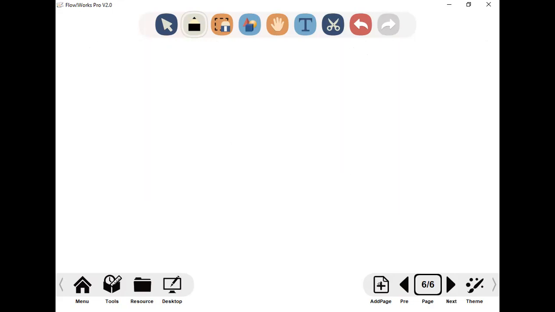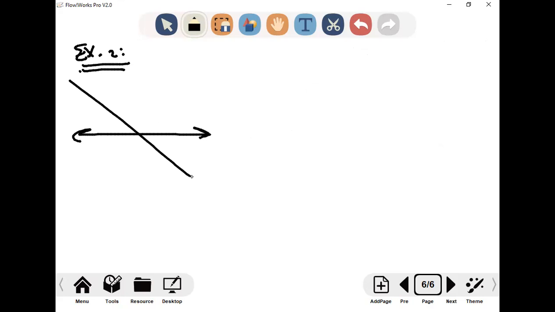Let's see example 2. Now look at example 2, I will graph it on the board. I have this horizontal line here, I have this line and this line also, and they share this vertex. We have a lot of angles here: 1, 2, 3, 4, 5 and 6.